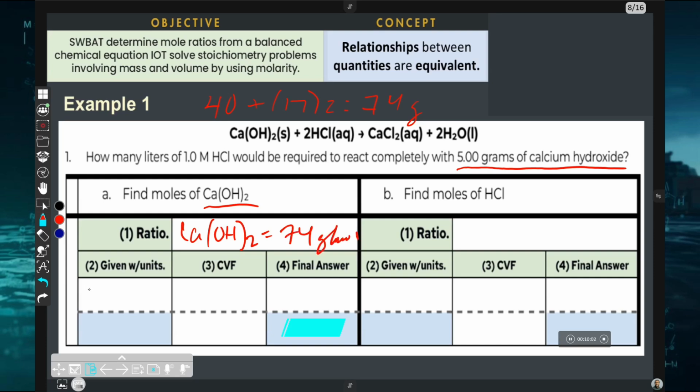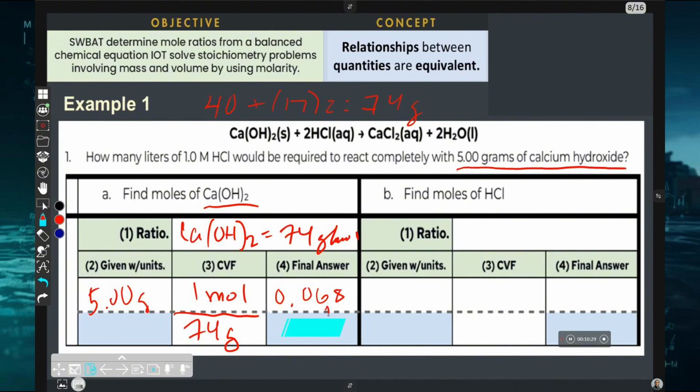And so we start the problem with 5.0 grams. We need to convert it to moles by putting mole on the top, 74 grams on the bottom, and thus 5 divided by 74 gives us 0.067. Really it's 0.068. Gotcha.